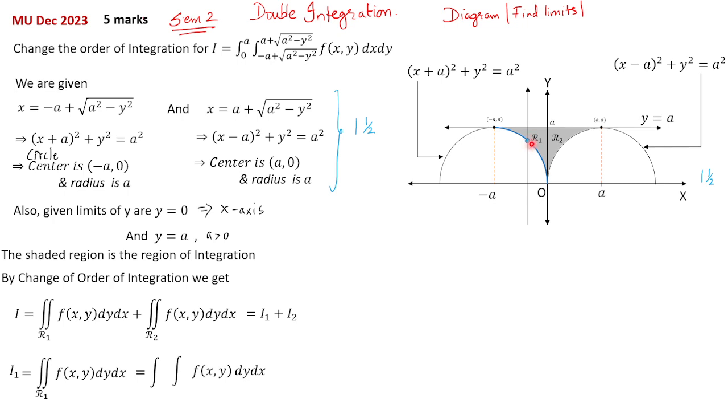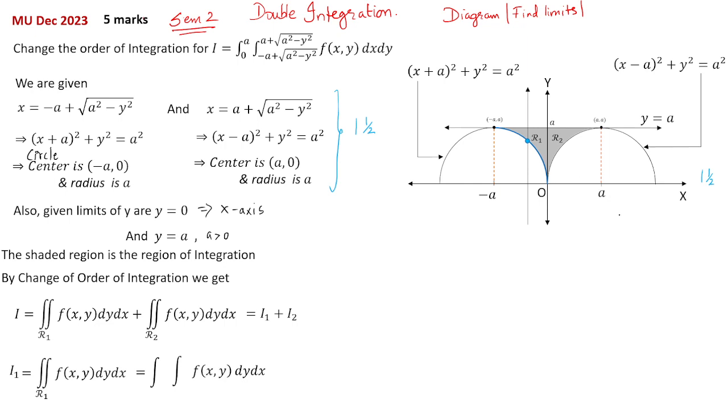Now we need to find the equation in terms of y. The equation that we had is x plus a the whole square plus y square equals a square. I will convert this equation in terms of y alone.